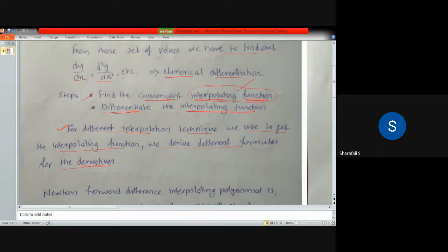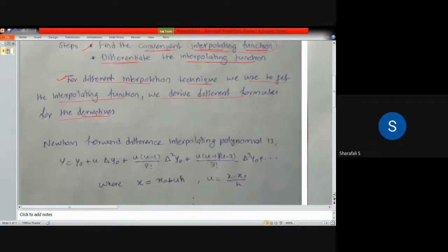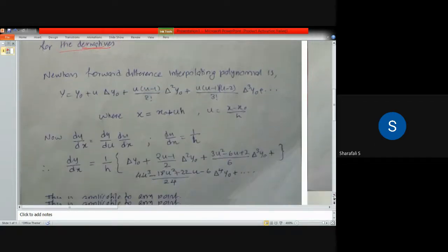given set of data. Now if you consider Newton's forward difference interpolating polynomial, then the equation is like this: y equals y0 plus u into delta y0 plus u into u minus 1 by 2 factorial delta square y0 plus u into u minus 1 into u minus 2 by 3 factorial delta cube y0 plus, and so on.